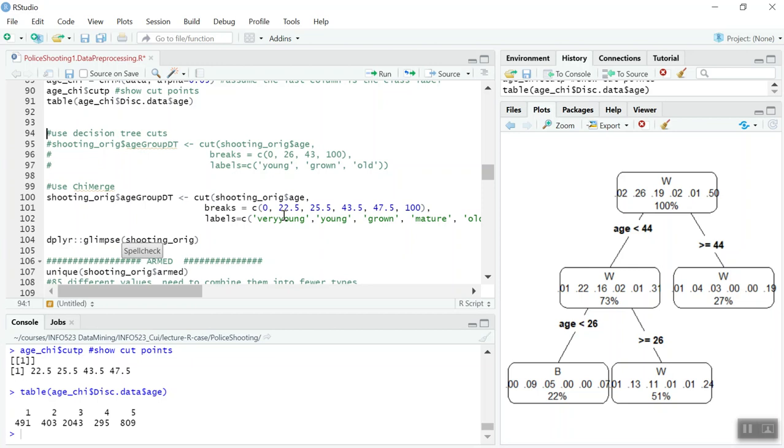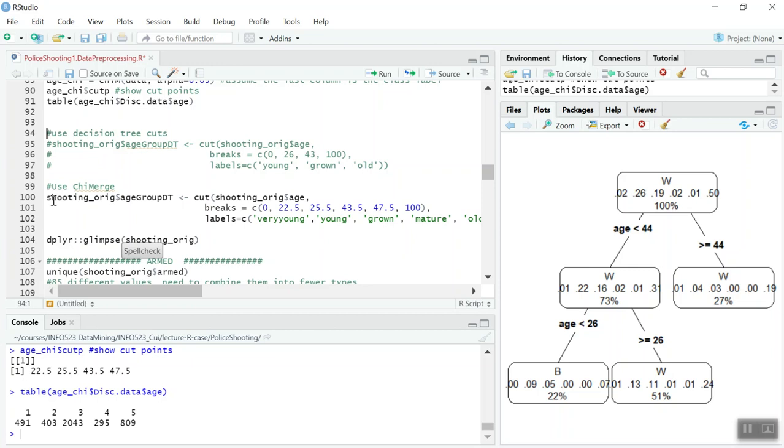But 5 is certainly a reasonable set of groups. 3 would be too small by my consideration, because that would lump too many data points in one group, and that obscures the potential differences.